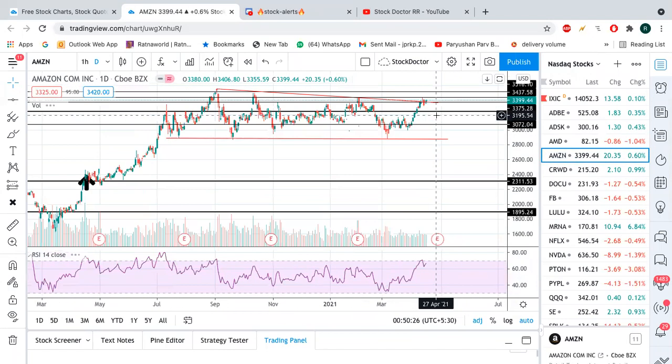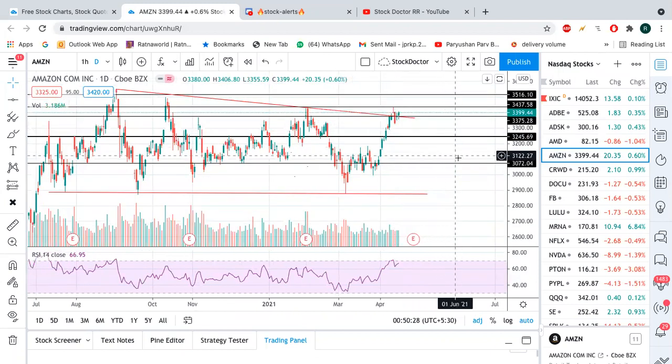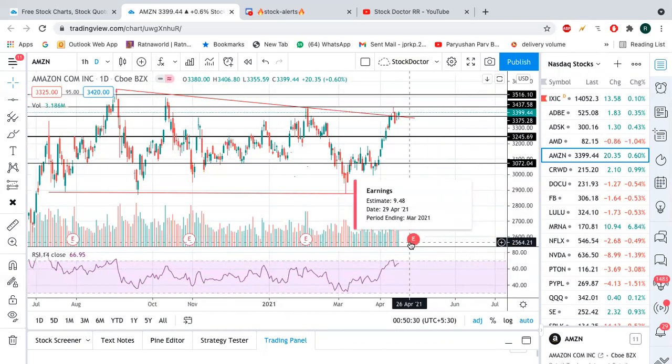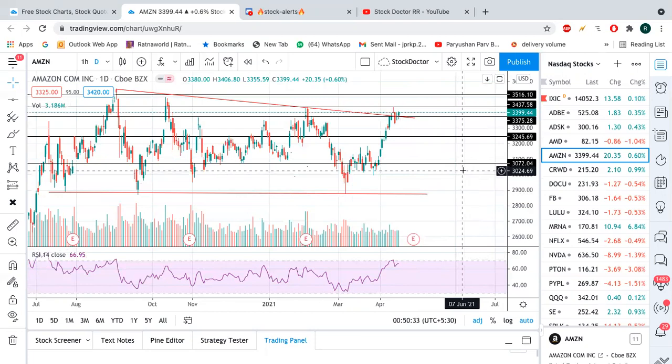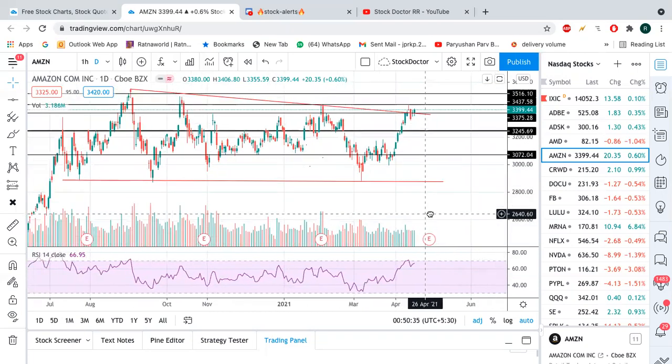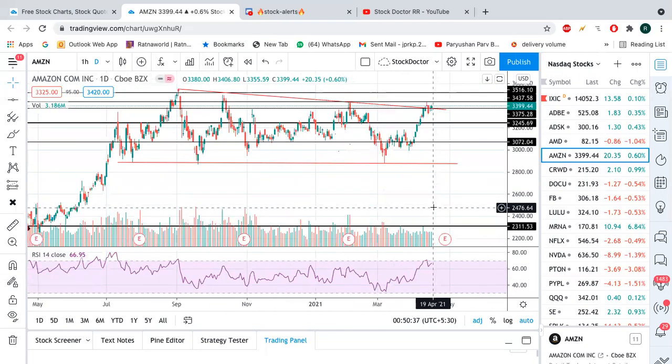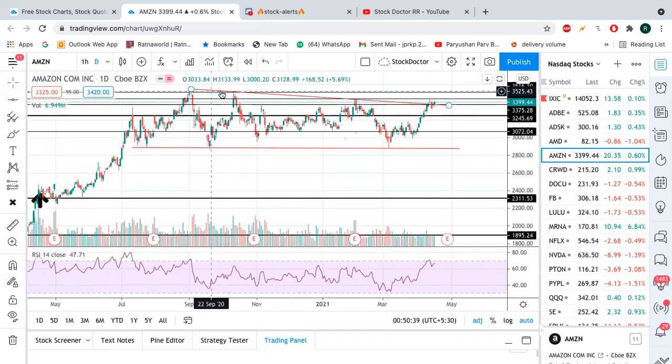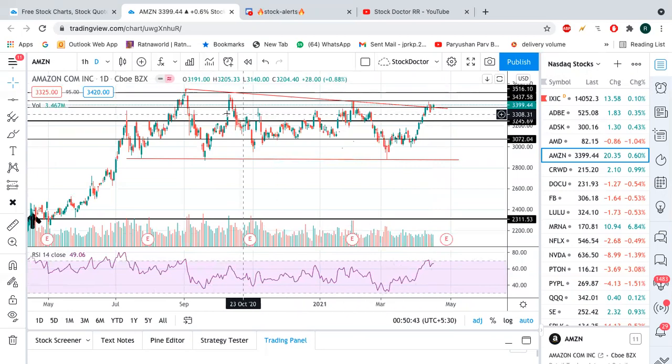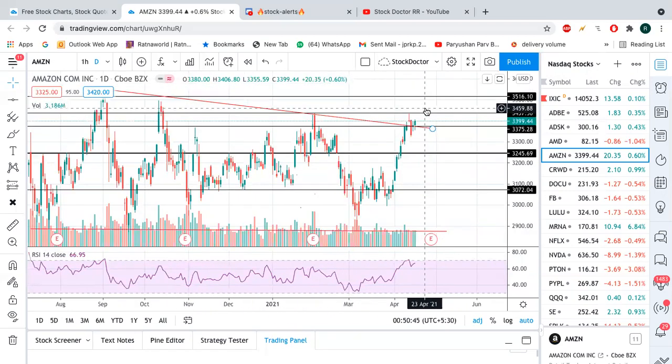The next stock is Amazon. Now, if you see, Amazon has earnings coming on 29th of April, and the stock is trying to break the trend line resistance.